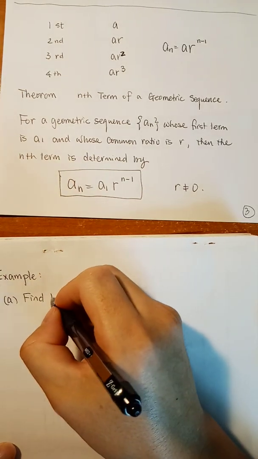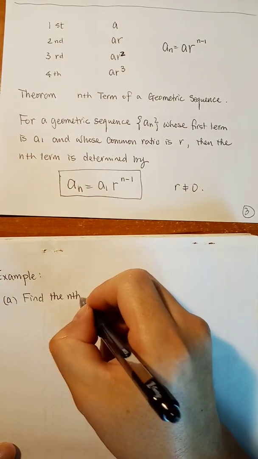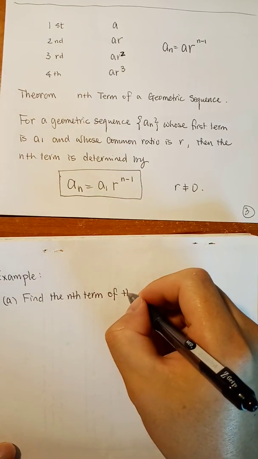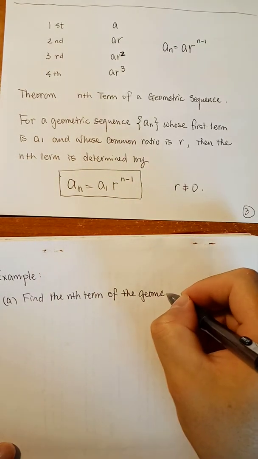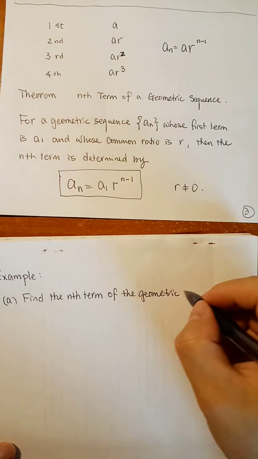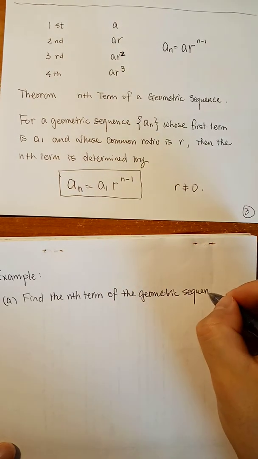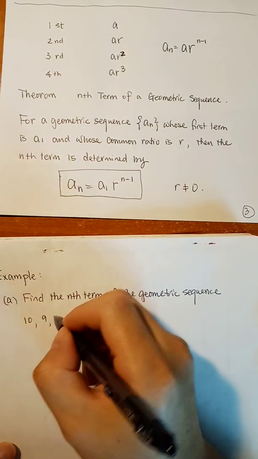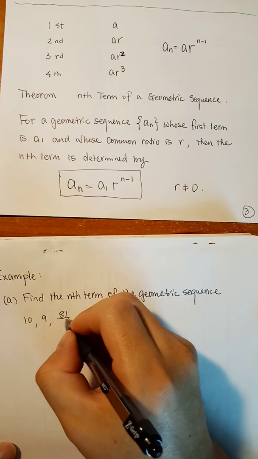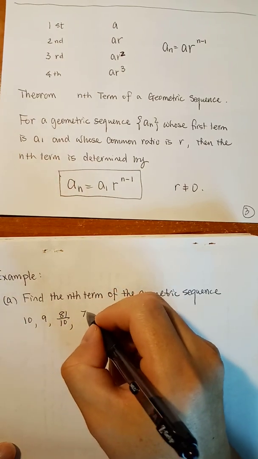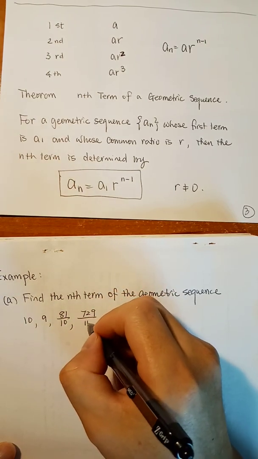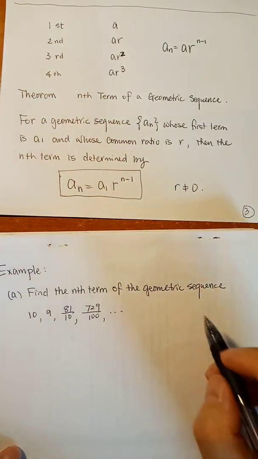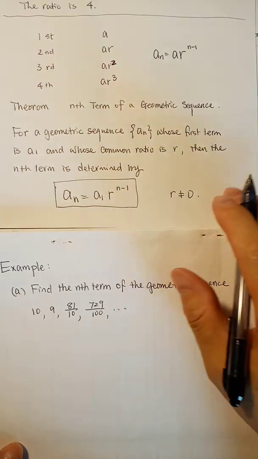Find the nth term of the geometric sequence 10, 9, 81 over 10, and 729 over 100, and so on. So first of all, we already assume it's a geometric sequence.